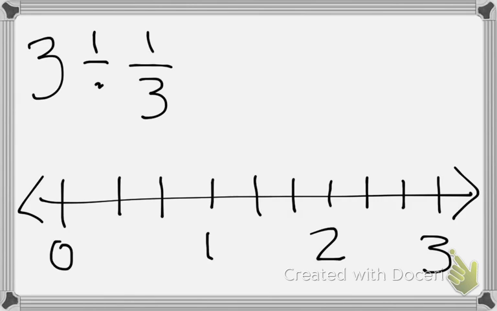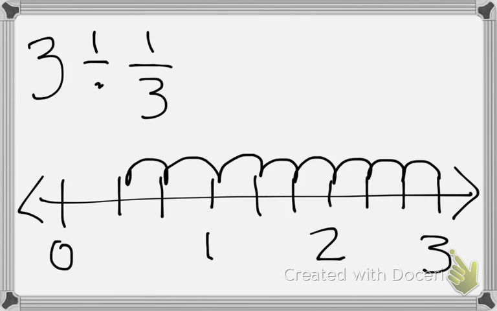Because the 3 wholes are being divided into thirds, so we're going backwards. 1, 2, 3, 4, 5, 6, 7, 8, 9. So we have 9 jumps backwards all the way to 0. And yes, we're going to end with 0. So that's the number line.